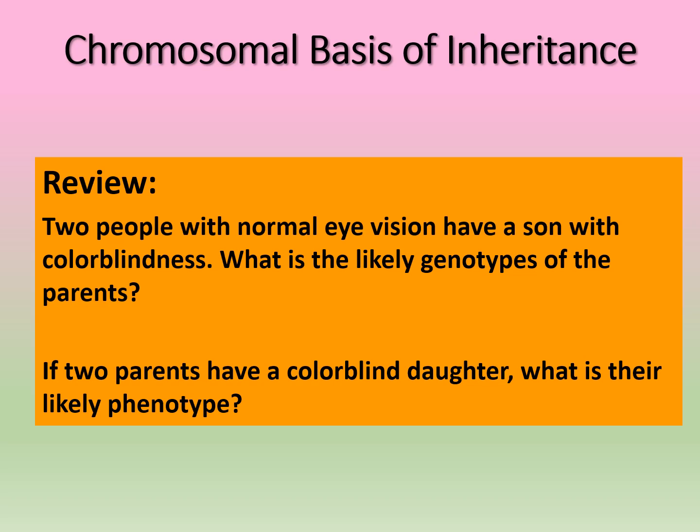So let's go through number 1. What are the likely genotypes of the parents to have a colorblind son? We know that they are both normal-eyed parents, right? So the mother has to be a heterozygote for colorblindness, meaning she has to have a big C and a little c.